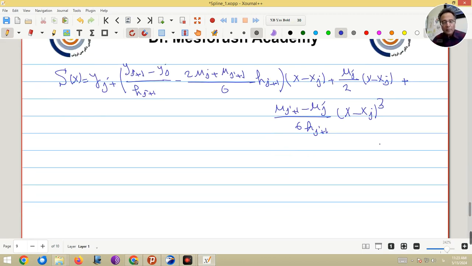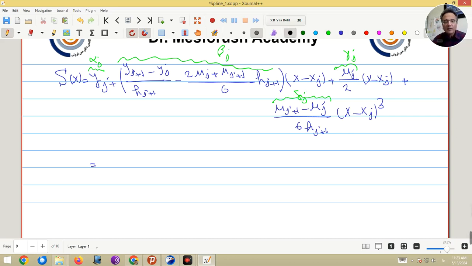Okay, now for simplicity, let me consider some notation here. Let me put yj equal to alpha j, and let me consider all of these terms as beta j, and also let me consider this term as gamma j and this term as delta j.